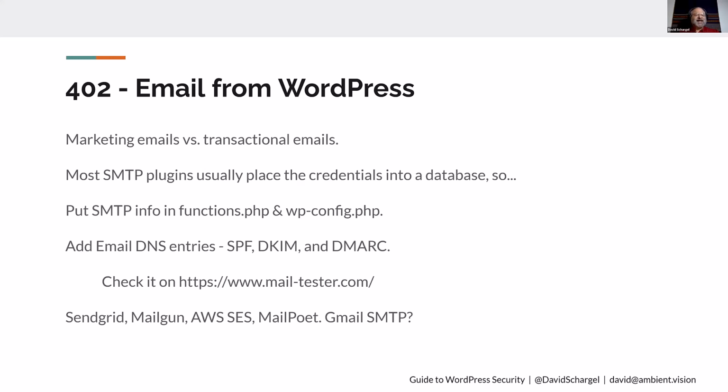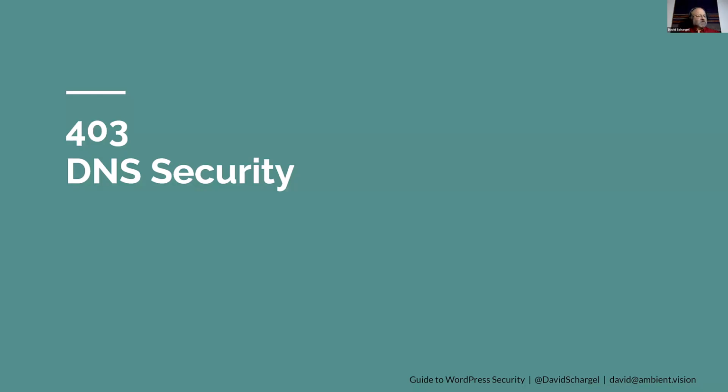It is a good idea to get your transactional emails, the ones that send out orders or receipts and things like that, off of the regular WordPress email system. You'll have a lot more ability to make sure people see those in the inbox, and not have the security concern across the internet.